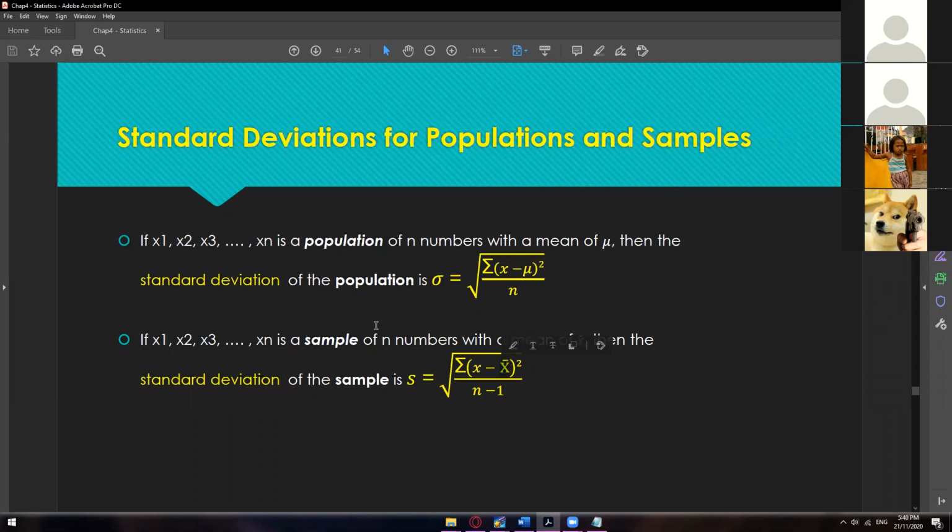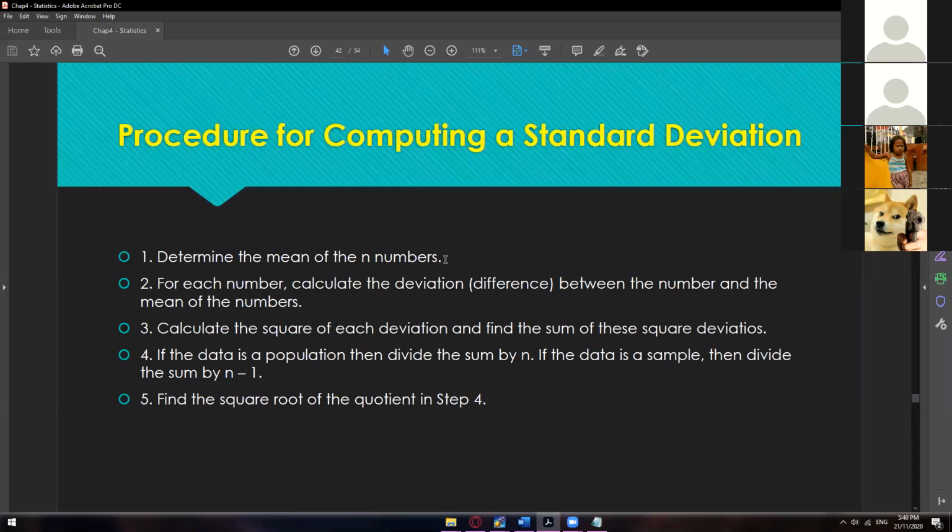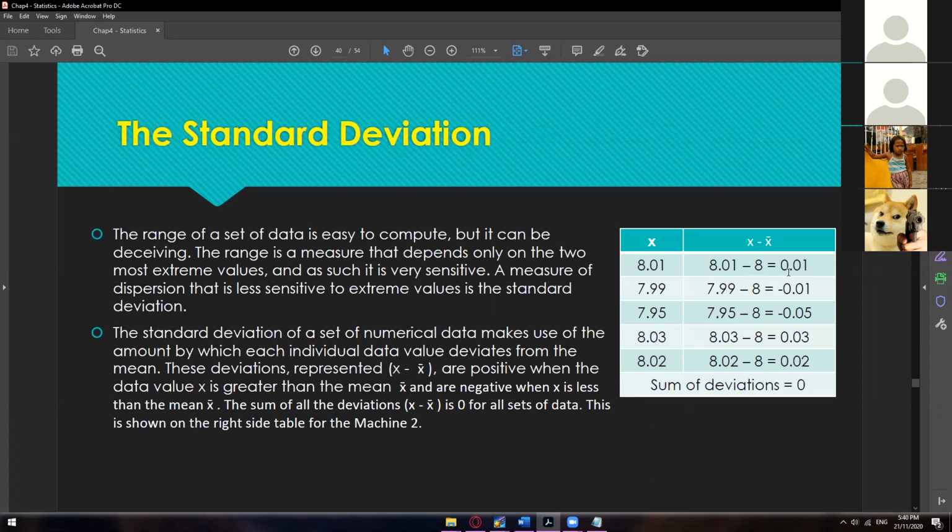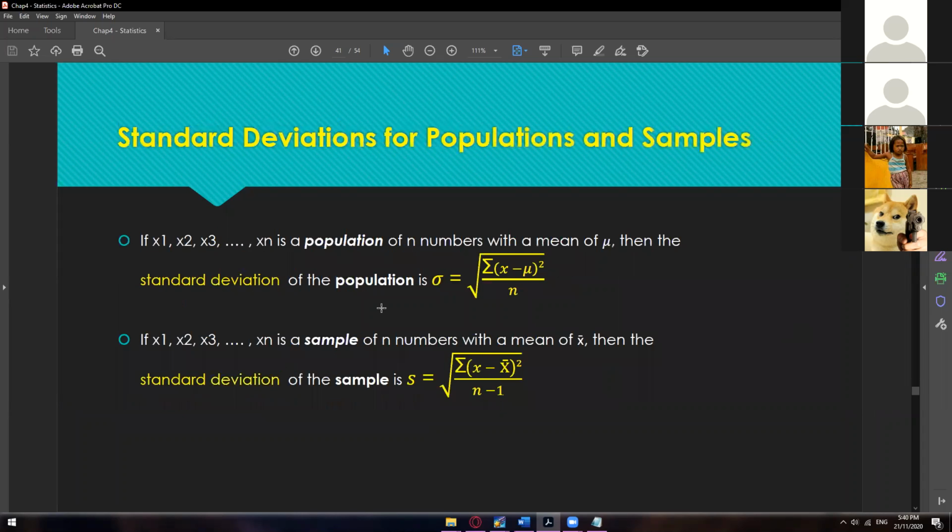Same way of computing, just a different symbol. Number 2: for each number, calculate the deviation, the difference between the number and the mean. Just like what we did before, get the mean and deduct it from your data. So 0.01, negative 0.01, those are the results of step number 2.